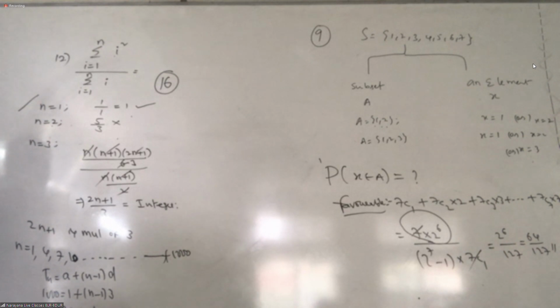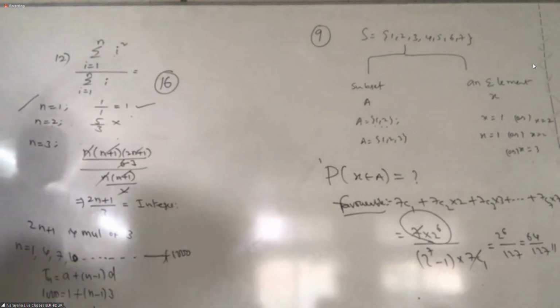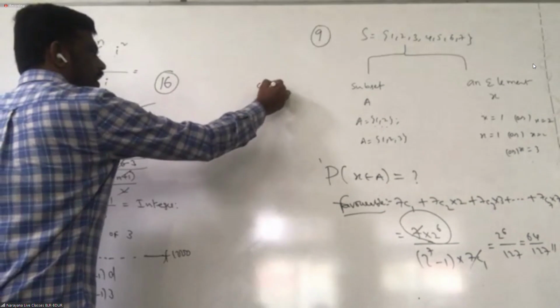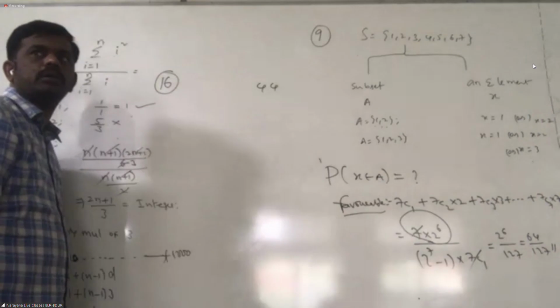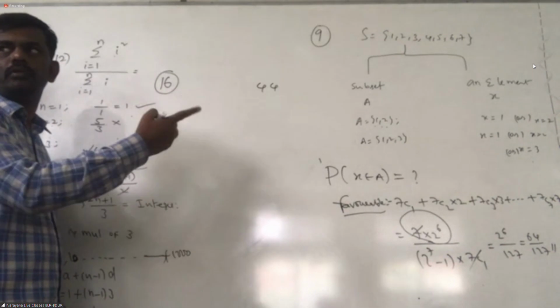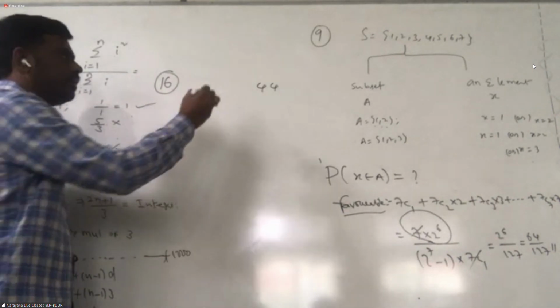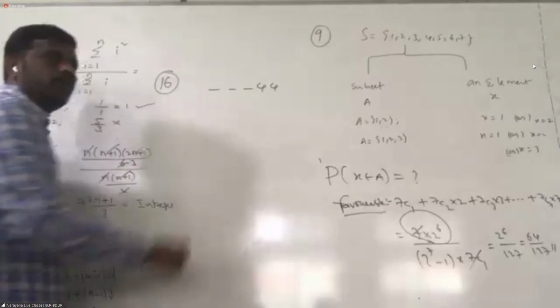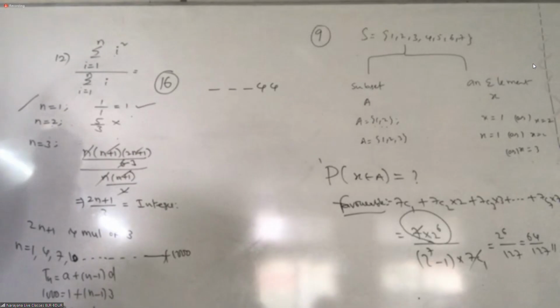Like fifth means we want success to get at fifth trial. Correct. That means obviously the fifth trial must be 4 and 4. That's what. Fourth and fifth. Okay. Then we are having first three trials, right? First three trials, correct?